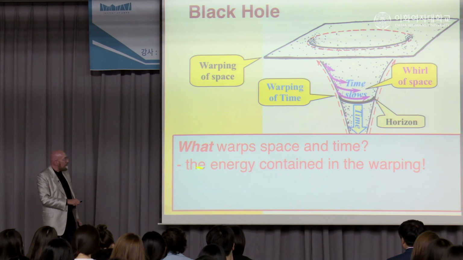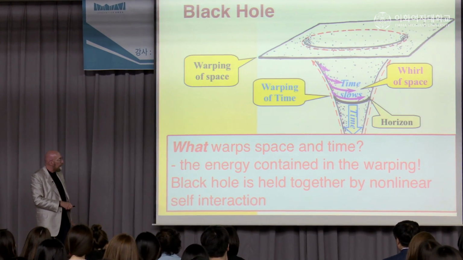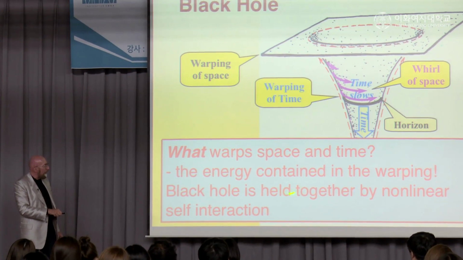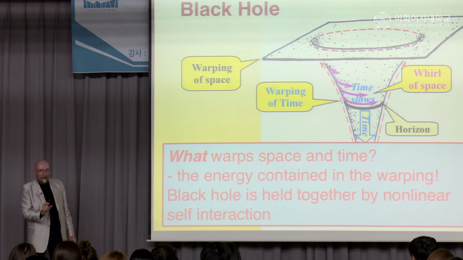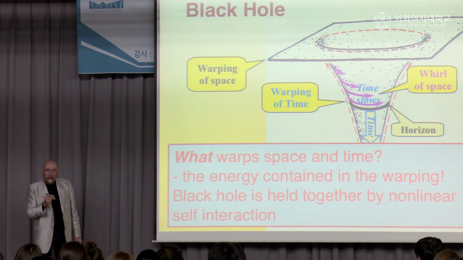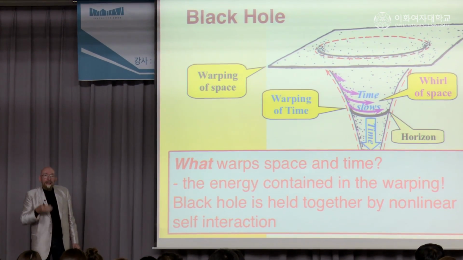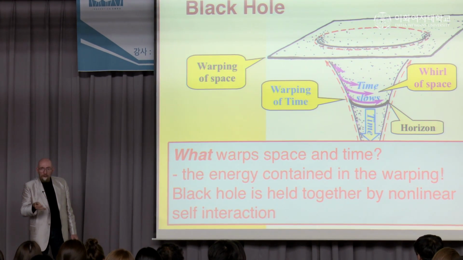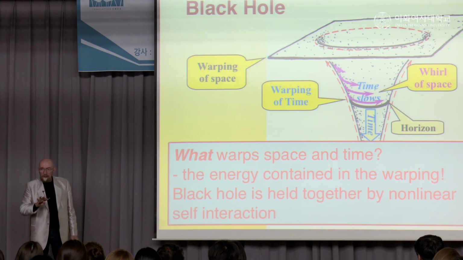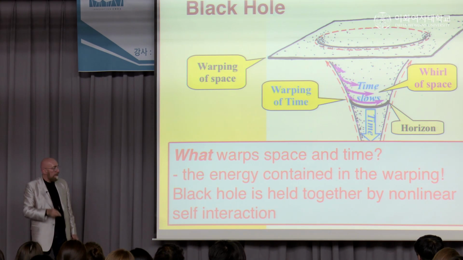And so in that sense, the energy is contained in the warping. Black holes are held together by nonlinear self-interaction. The nonlinear interaction in the sense that their warping carries energy which produces the warping in a manner described by nonlinear differential equations, Einstein's equations.